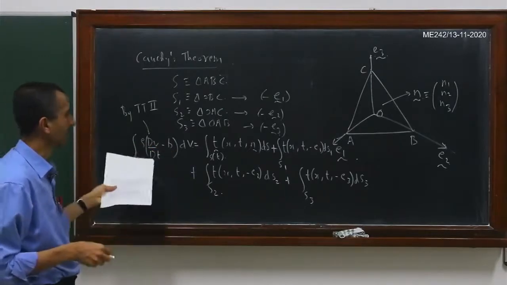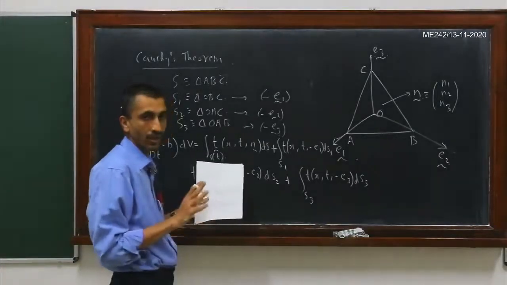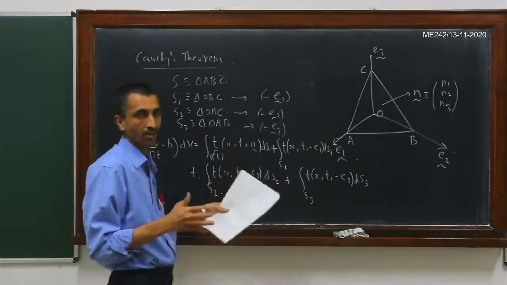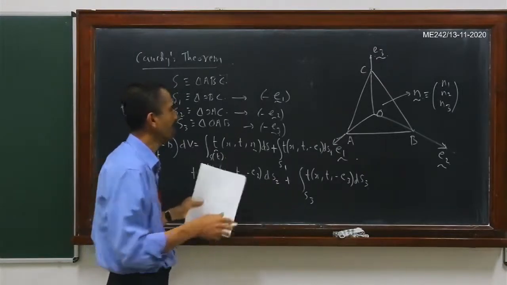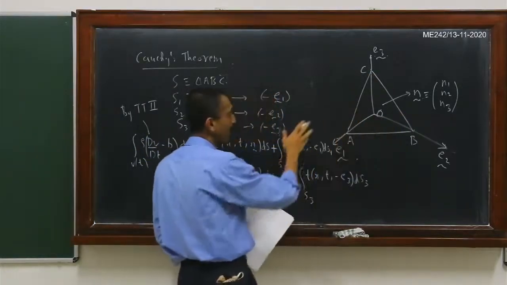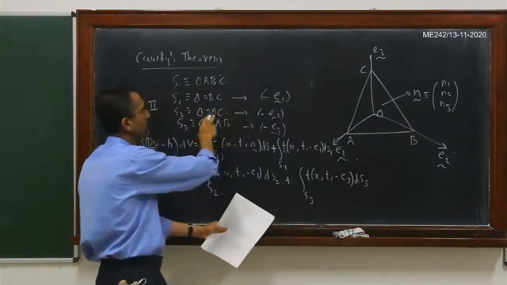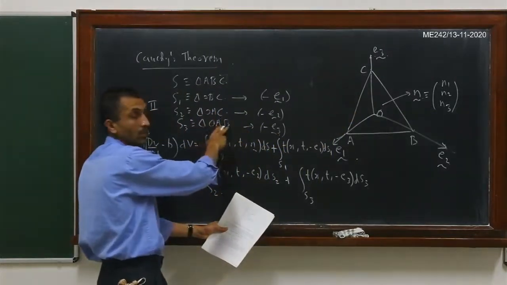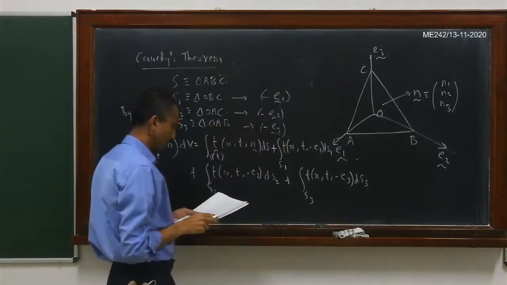Then I have split the traction over the surface into four parts corresponding to the four surfaces of the tetrahedron: the surface S, which is ABC, the inclined surface, S1, which is OBC, S2, which is OAC, and S3, which is OAB. So I have just split the integral into these parts.